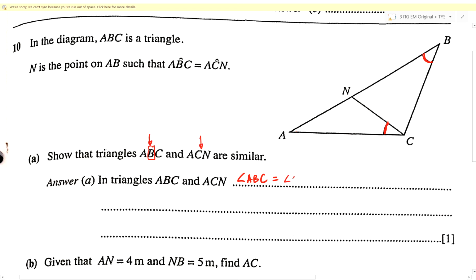Does the order of the letters matter when you write similar triangles? When you write similar triangles, the order matters, but when you are calling out the angle, the orientation doesn't matter. Whether you write ABC equals ACN, or you write CBA equals ACN, doesn't matter.